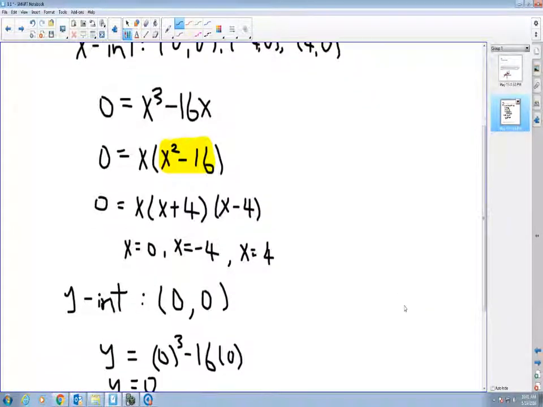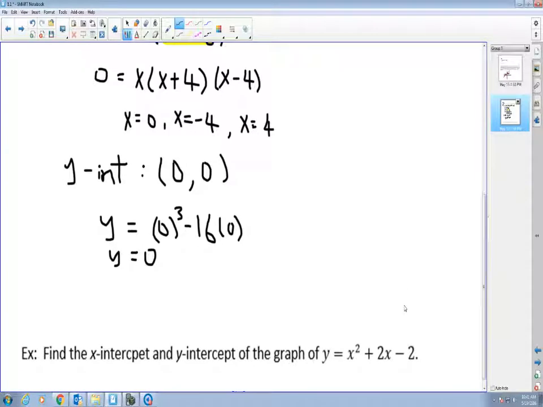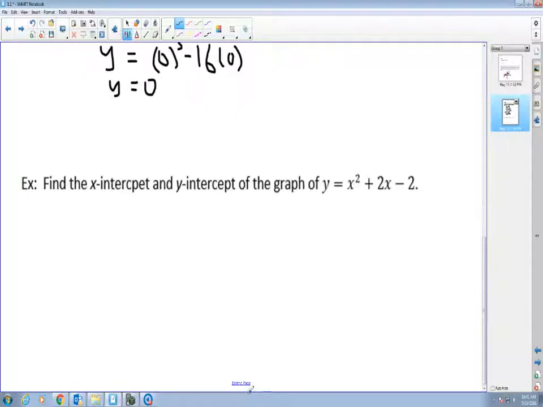Now let's try another function. This is a quadratic function, or a parabola. So finding the x-intercept first. Find x when y equals 0. So we're going to solve for x here.